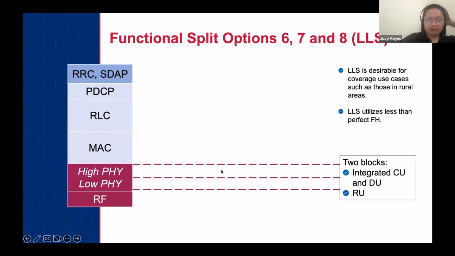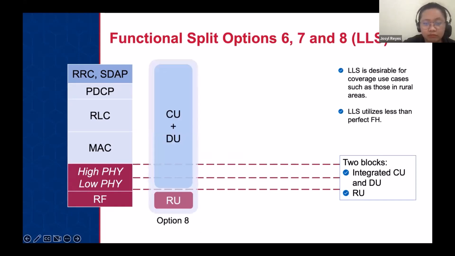And then now we have the low layer split. So name pa lang low layer, so it's focusing on splitting the functionalities of the lower layers. And at the lower layers, we have the RF and the PHY layer. So meron tayong low PHY, low physical, and high PHY. Okay, so yung option number 8 natin here is a split between the RF and the physical layer.